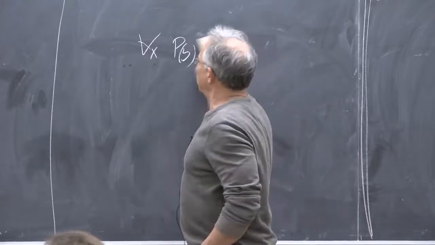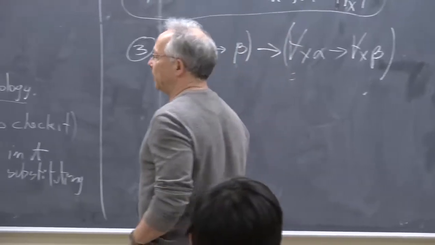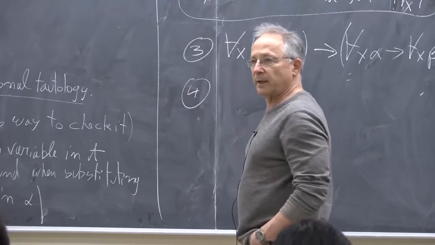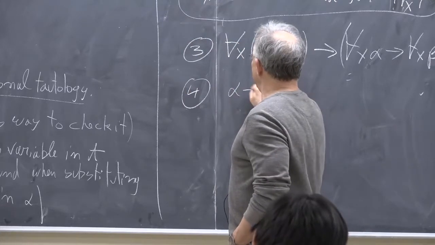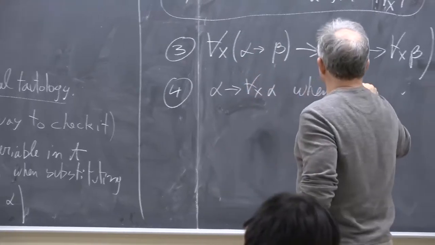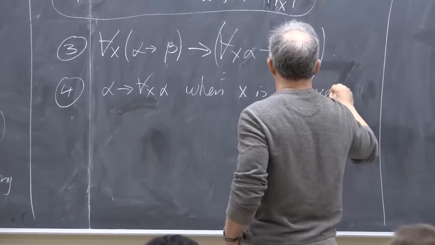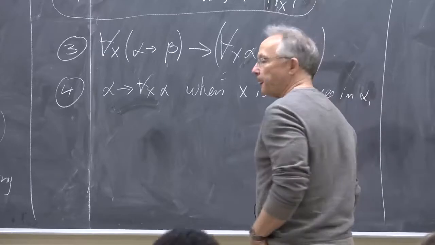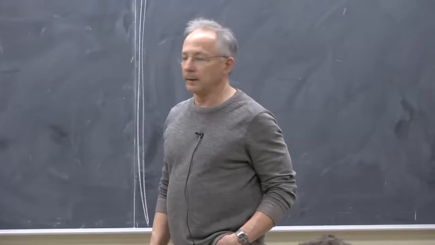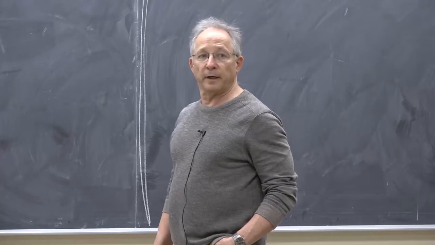So in order to capture it in our proof system, we have another set of formulas which are axioms: every formula of the form alpha arrows for all x alpha when x is not free in alpha. So these are our 4 groups of axioms.